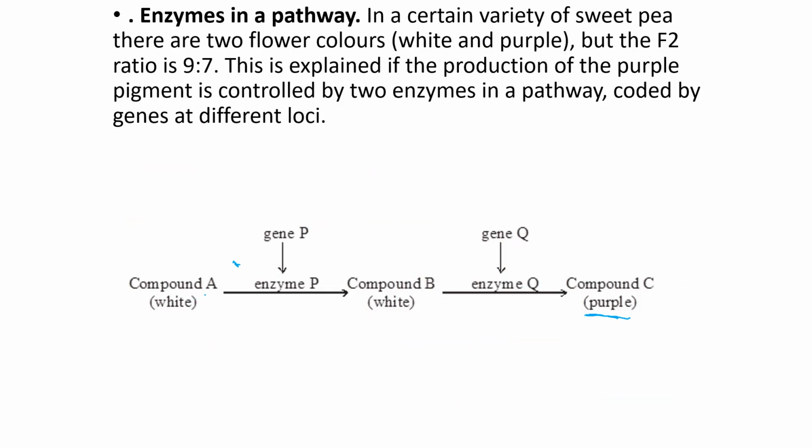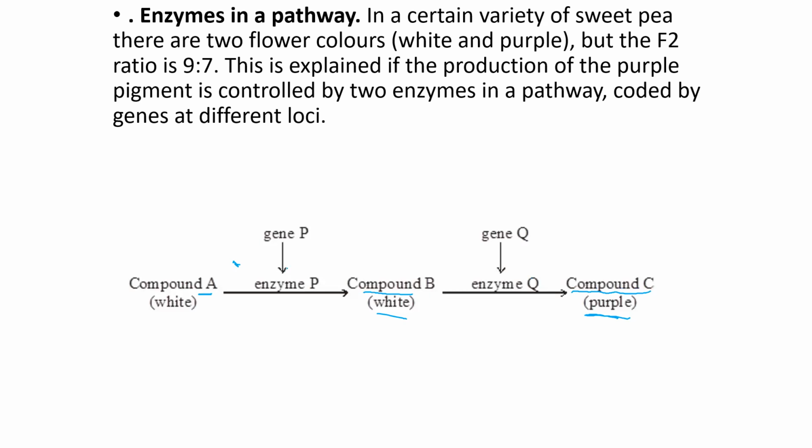You start out with a white compound, which is compound A. Then we have a gene, which is gene P. And gene P makes the enzyme P, which converts compound A to compound B, which still happens to be white. Then now compound B is worked on by enzyme Q, which is produced by gene Q, to finally give you compound C, which is purple, okay?